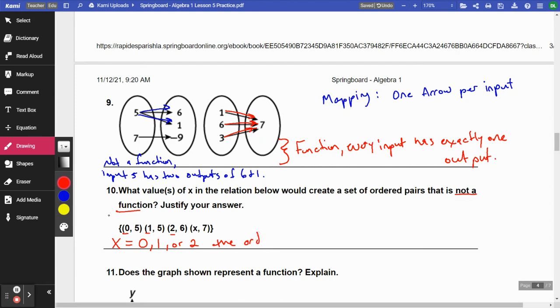the ordered pairs, because that's what it is, right? The ordered pairs would not be a function. Why would it not be a function?